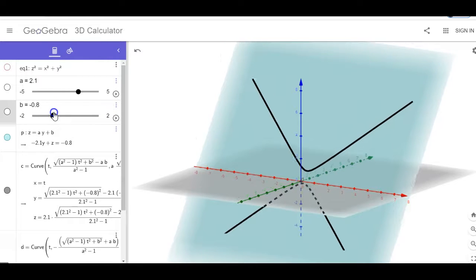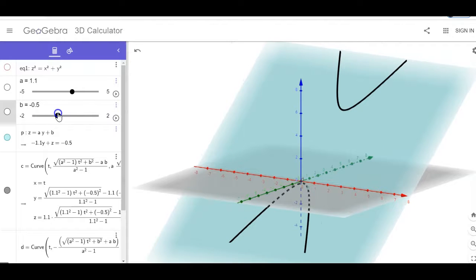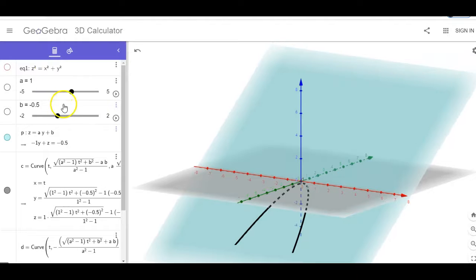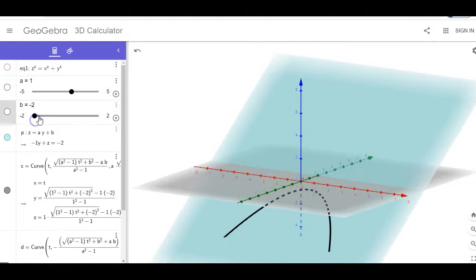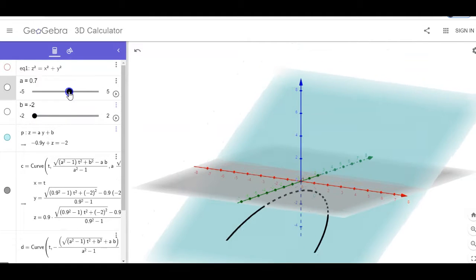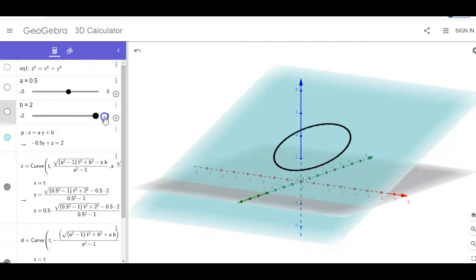Alright, so there are the conics: hyperbola, parabola. That's actually a little bit bigger than 1. Let me do it again. 1. There's the parabola. And then when we go below that, we end up with the ellipses.